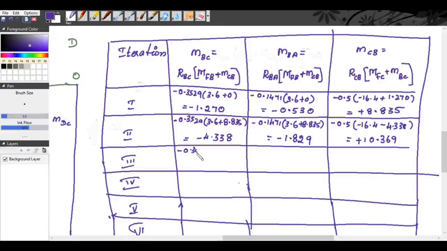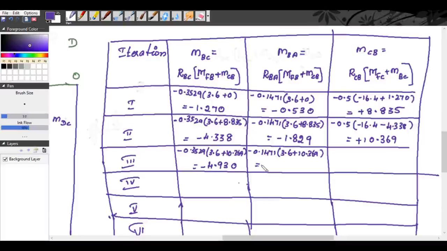Similarly, for the third iteration, minus 0.3529 into 3.6, the only change will be MCB. The last found MCB is plus 10.369, so we get the value as minus 4.930. Then minus 0.1471 into 3.6, where MCB changes to plus 10.369.